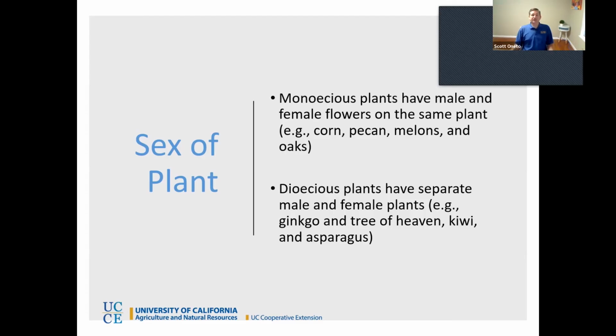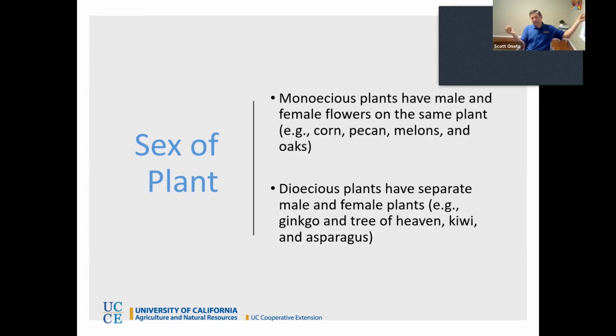Now, the opposite of that is what we call dioecious plants. So di means two, ecious means house. So these are the two house plants. And so that's where we actually have separate male plants and separate female plants. So you're going to have some plants that just have staminate flowers. Those are the male reproductive flowers.